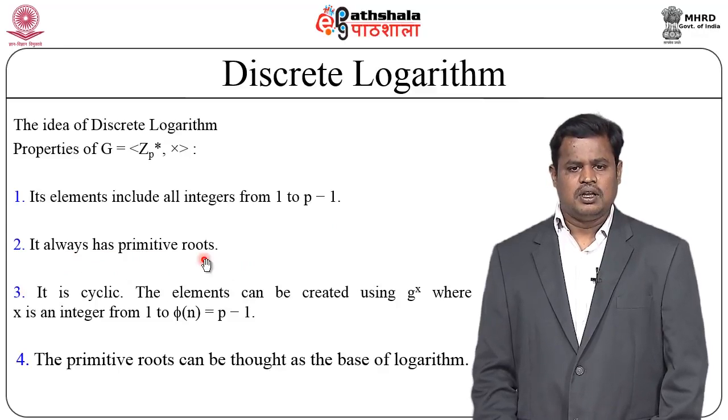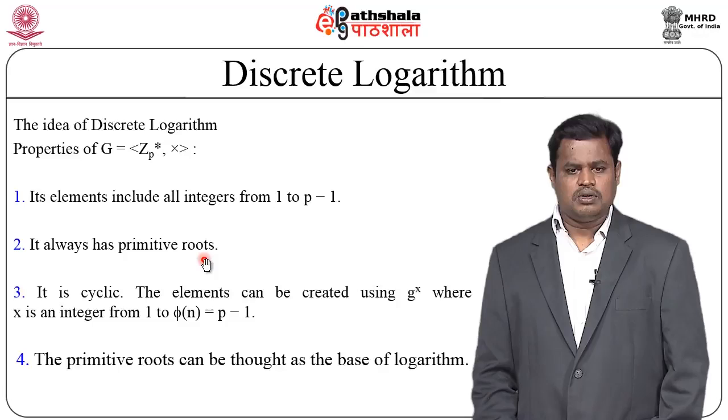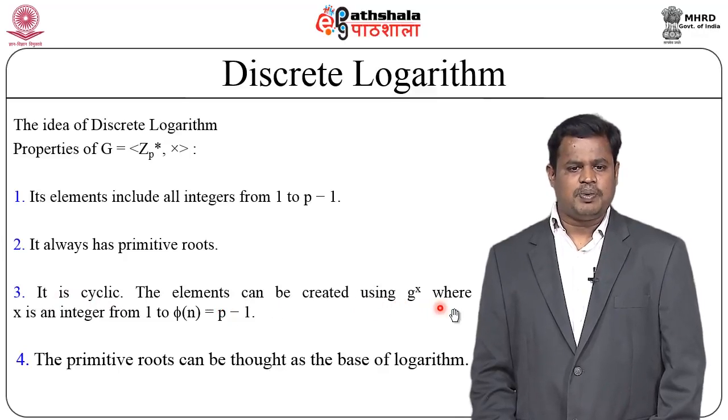That means the order of the elements definitely should match the order of the group, and it is also cyclic. The elements can be created using a generator g power x, for x an integer from 1 to phi of n, that is p minus 1. The primitive roots can be thought of as the base of the logarithm.